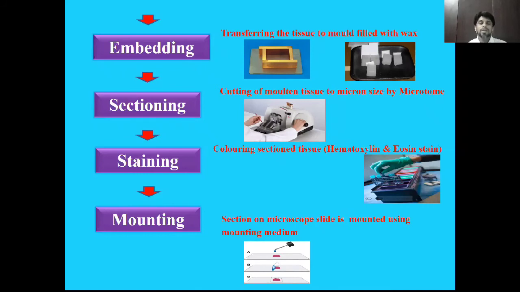To handle the sample, it needs a covering or coating. So the molten wax is poured into metal blocks, with the sample placed in the middle, so that the block size is made available.